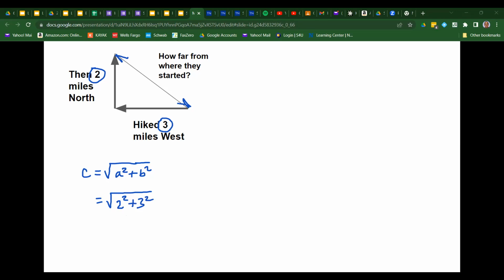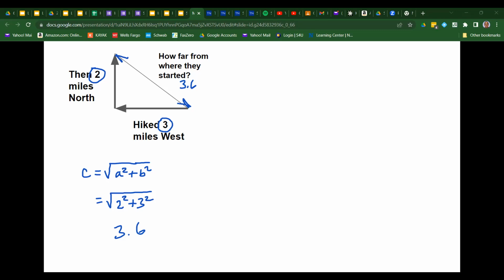And then hit the enter key, and you should get the answer 3.6. And when you look at this picture, it kind of makes sense that that would be about 3.5 miles, a little bit longer than the longest short side.